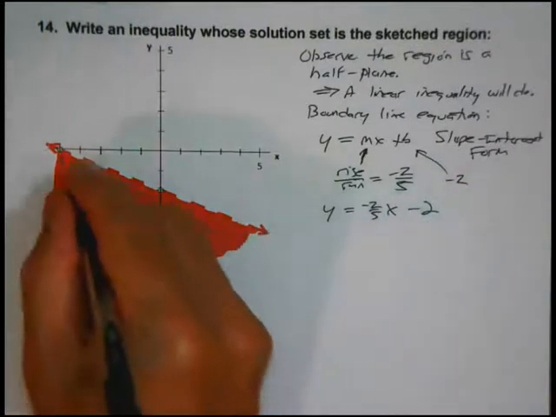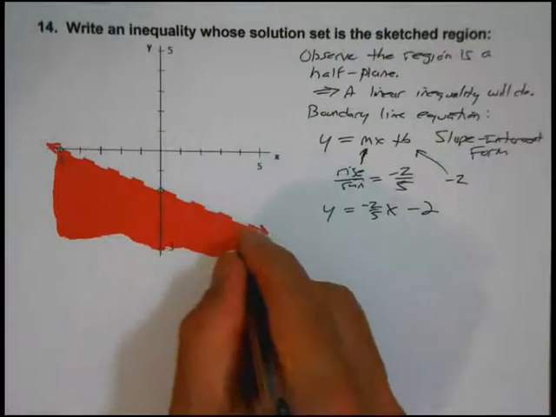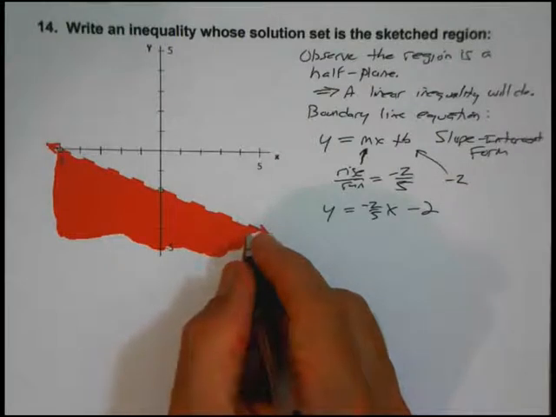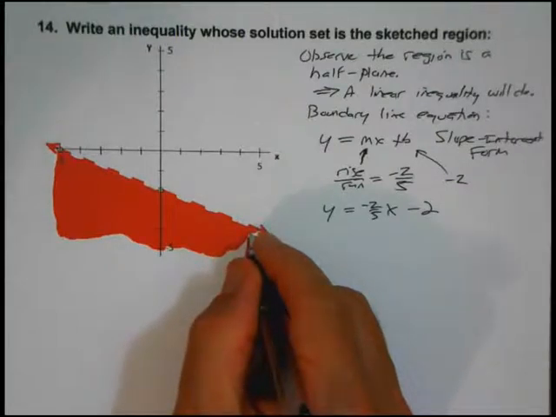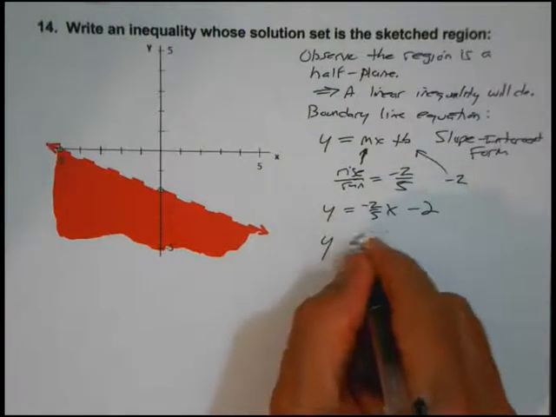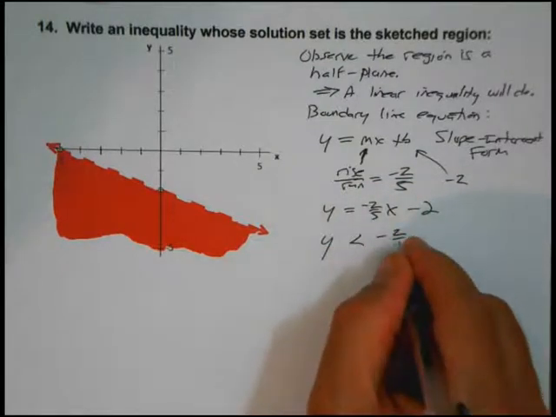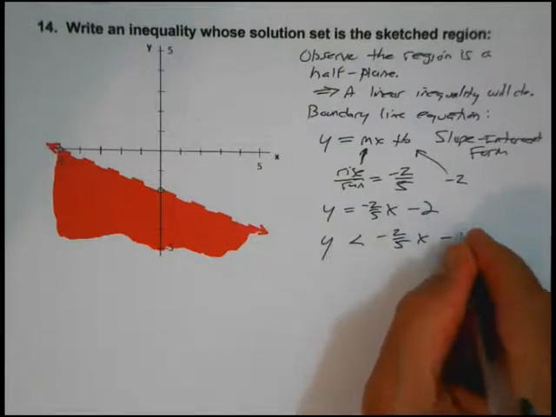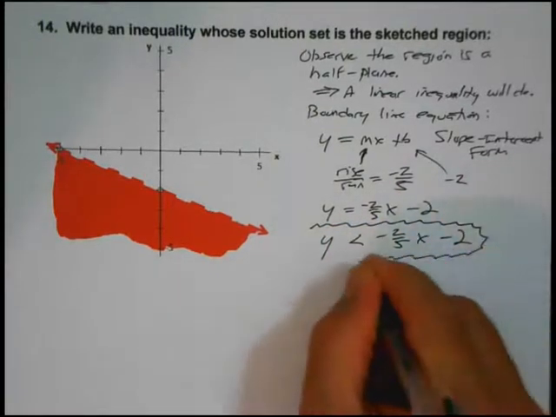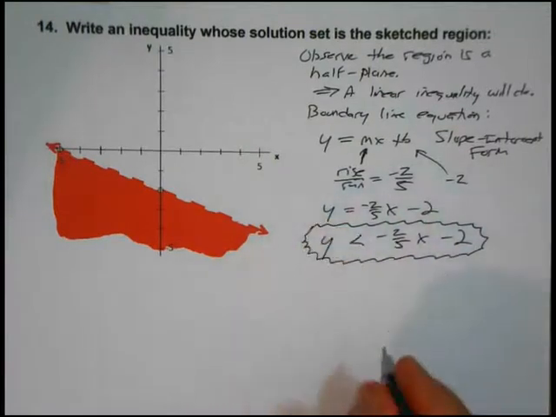Now the boundary line is dashed, so we have to make sure that we don't have the boundary line becoming solutions to our inequality. So our inequality should just be less than. Don't put an equal sign into it. So this gives us y less than -2/5 x minus 2. Put a prominent cloud around this conclusion here.